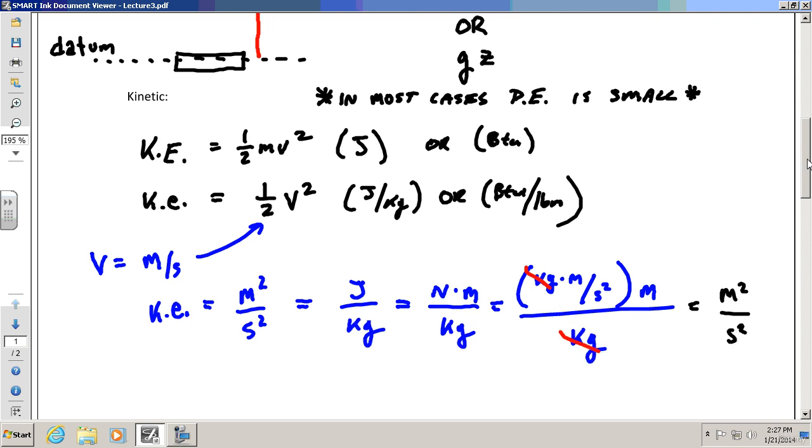Again, I hope kinetic energy is something that you've seen before. You're certainly going to see it in dynamics. We are going to deal with it, not in statics, but in thermodynamics some. In physics, I hope you've seen it before. It's pretty basic, right?